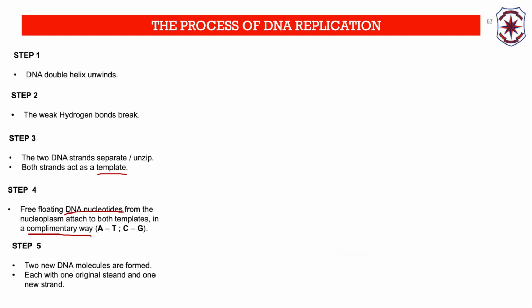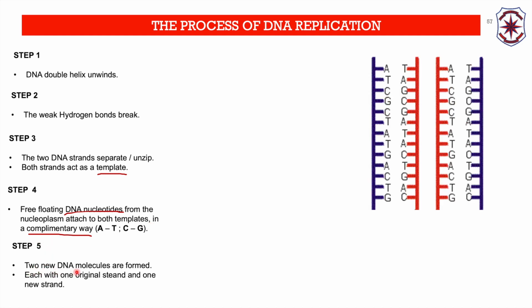Now, lastly, step number 5. After the free-floating DNA nucleotides have attached themselves to the templates in a complementary way, 2 new DNA molecules are formed. Not 2 new DNA strands, you guys. 2 new DNA molecules.